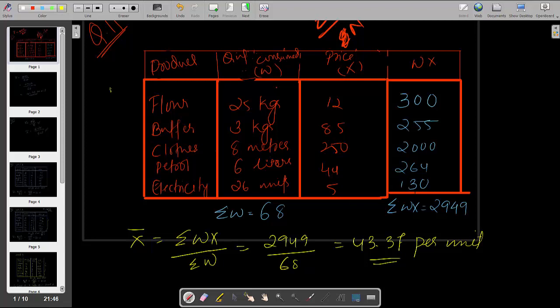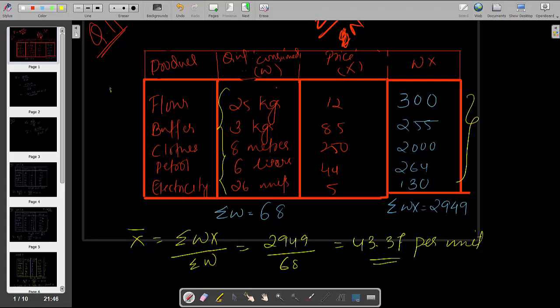So if you calculate all this, multiply W and X, and after that add up all these values, you will get 2,949. You will also have to calculate all the W values in order to get sigma W, which is 68. 25 plus 3 plus 8 plus 6 plus 26 will give you 68.